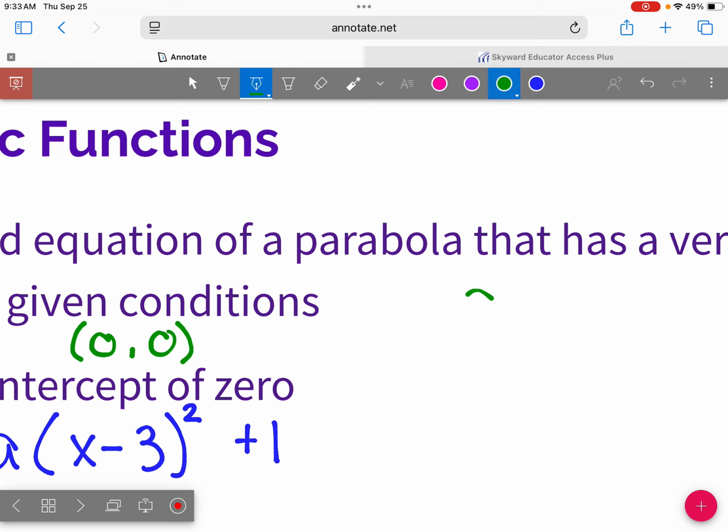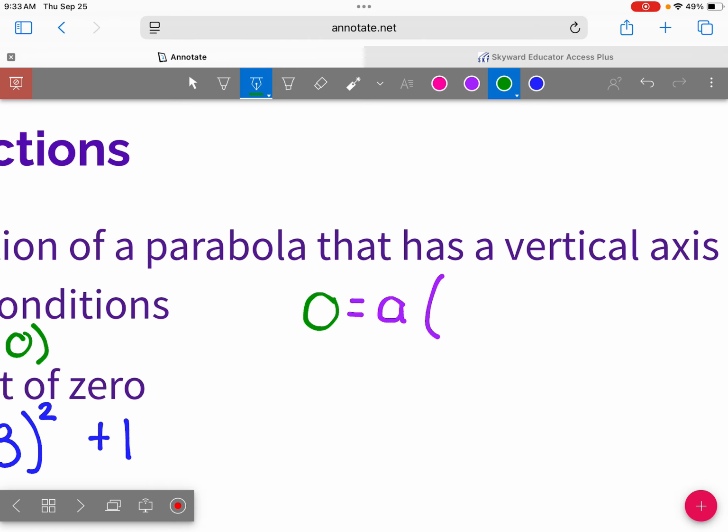So we can take that point and substitute it in to figure out what a needs to be. So we're going to have 0 equals a times 0 minus 3 squared plus 1. So be real careful here.